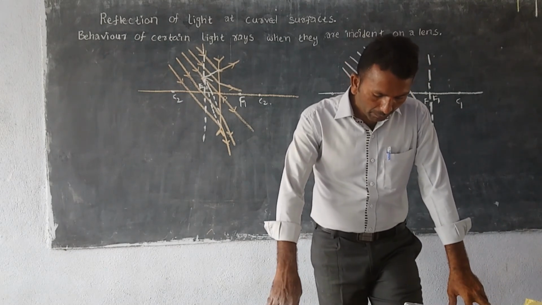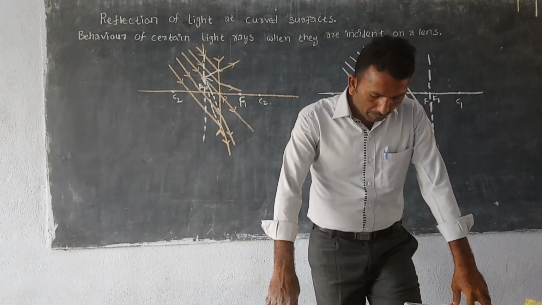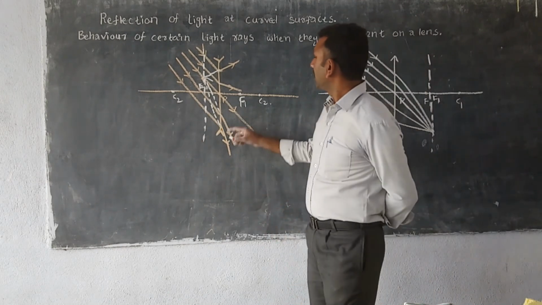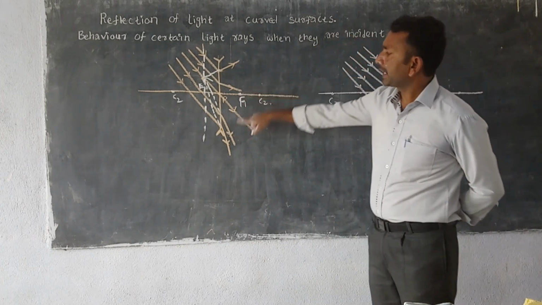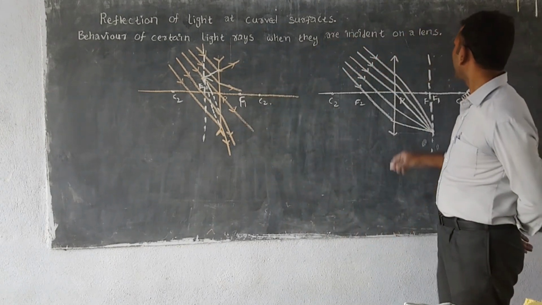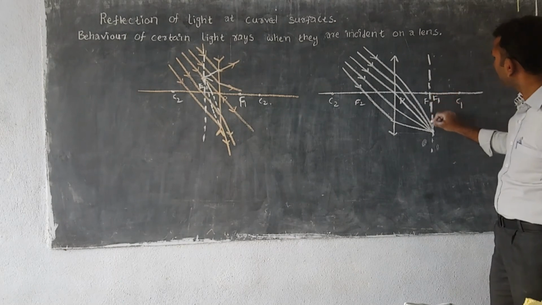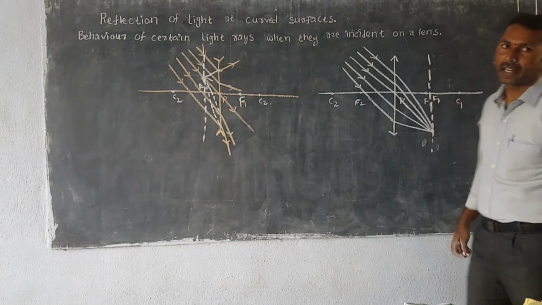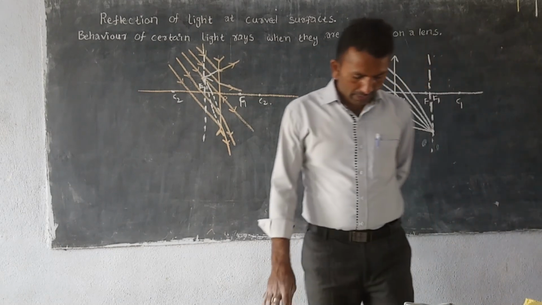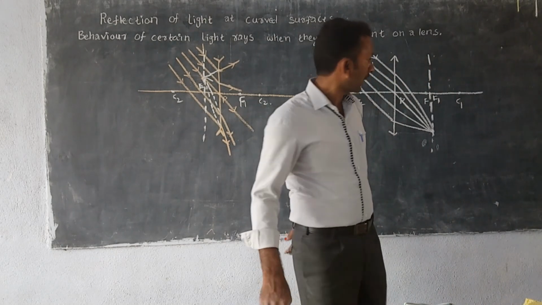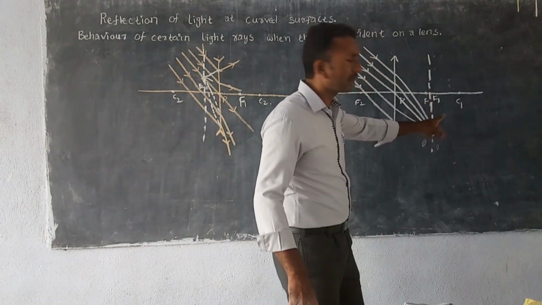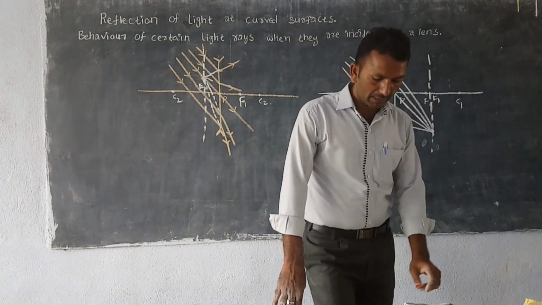Draw a normal from the point of intersection to the principal axis. So where the light rays are intersecting with each other, draw a normal line from the principal axis to the intersecting point, and the length of this normal line will give the size of the image.